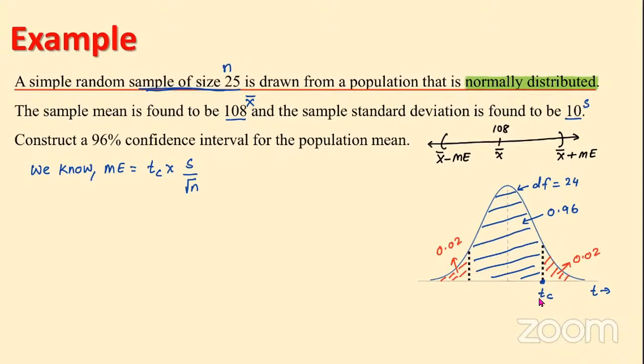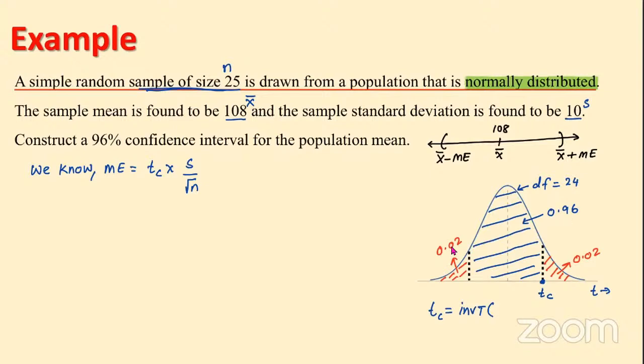Let's find t critical. In order to find t critical using the TI-84 calculator, we use t critical is equal to inverse t of the area to the left of t critical. You can see the area to the right is 2%. That means the area to the left must be 98%. In other words, the area to the left is equal to this area in the middle plus 2%.